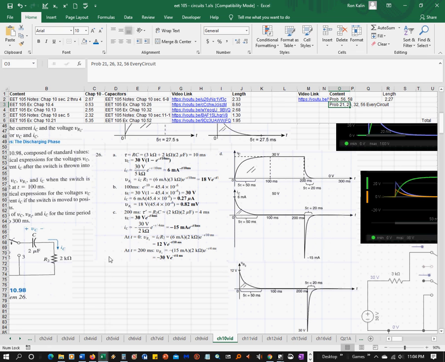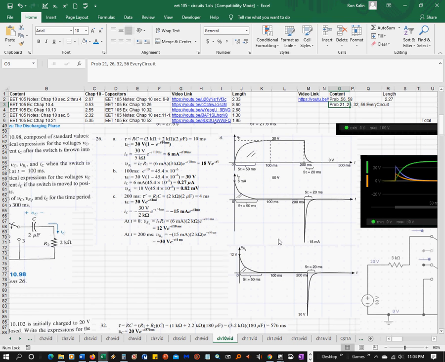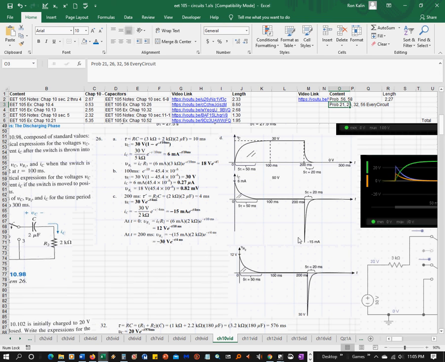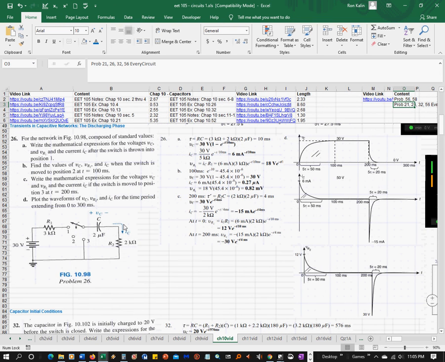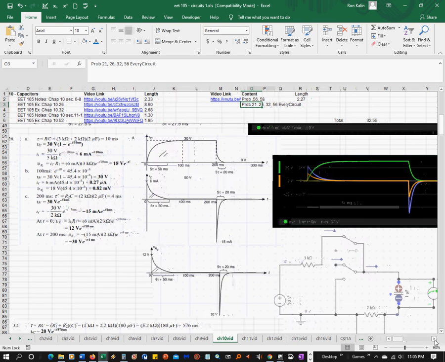When you go in the discharge phase, I sub C goes negative because the book defines I sub C in a clockwise direction here. So when it goes in the other direction, it's going to go this way, counterclockwise, and it's going to be in the negative direction as shown here.